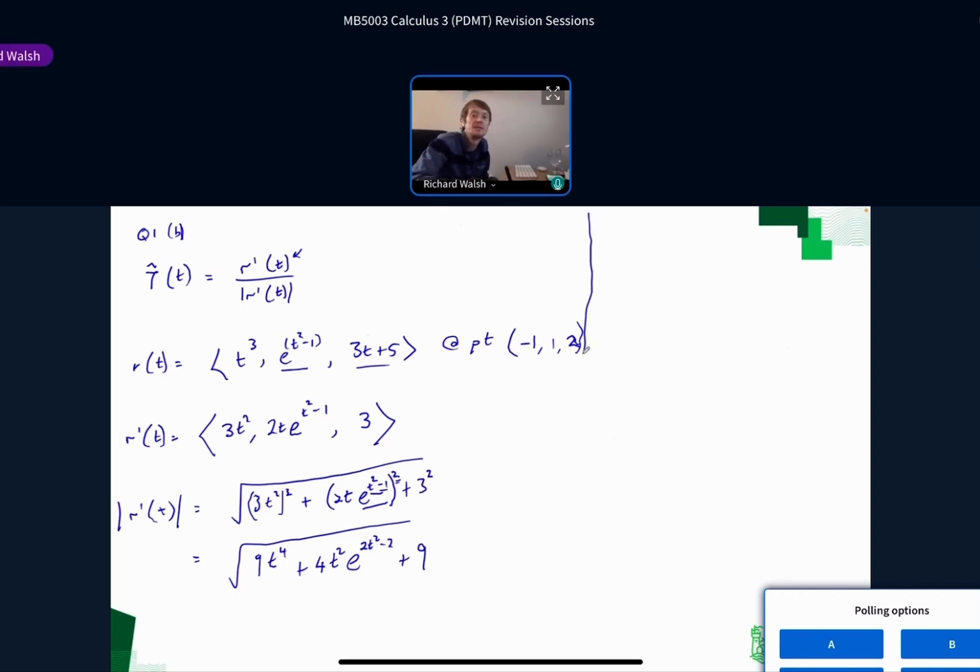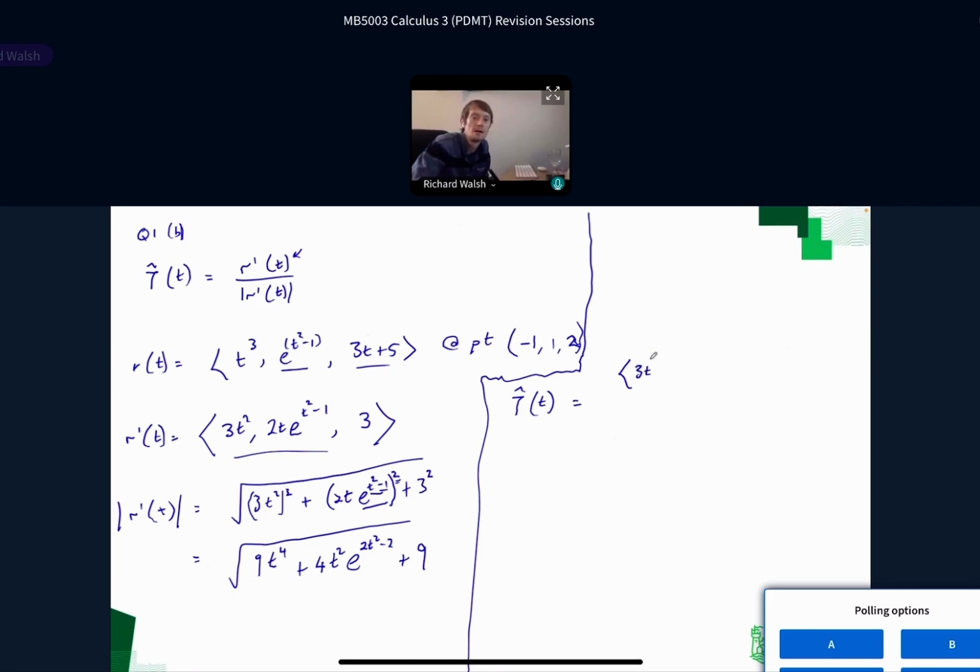So in terms of t, our unit tangent vector is r dash t, this, over the magnitude, which we just worked out.